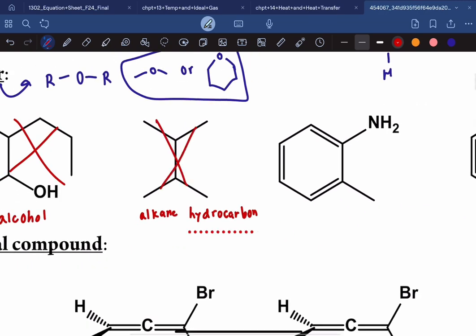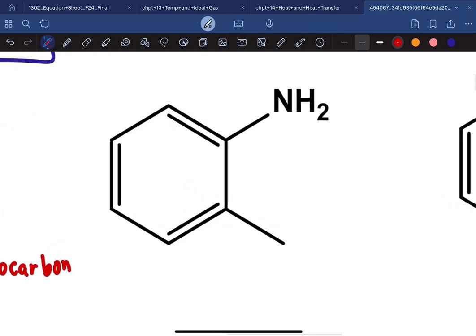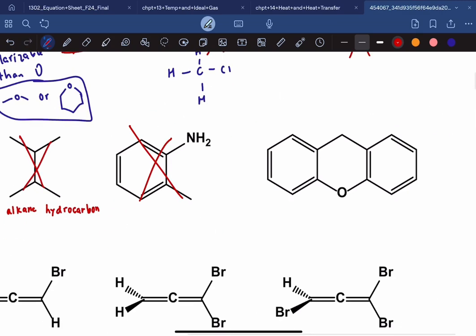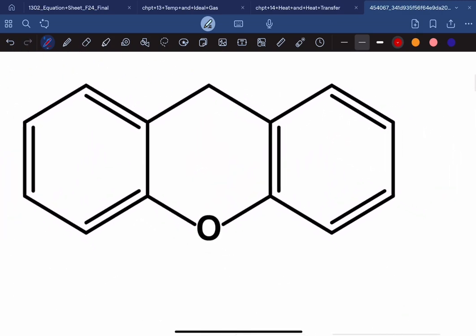This is wrong. Okay, this, I can see why this might trip you up because you see like the ring and you're like, this is pretty functional. The thing is it has nitrogen. So this is not an ether. This is another like nitrogen derivative. Maybe like an amine or something like that. But it's not an ether. It's not important. And then you get to this and you see, wow, I see exactly what we drew earlier.